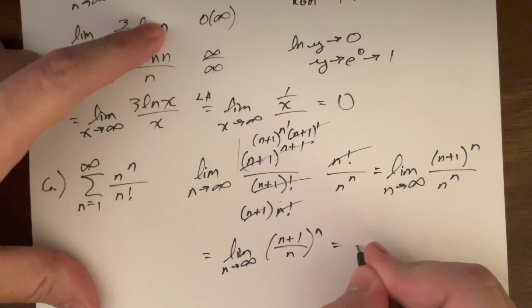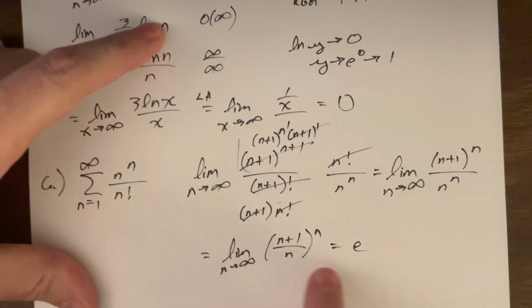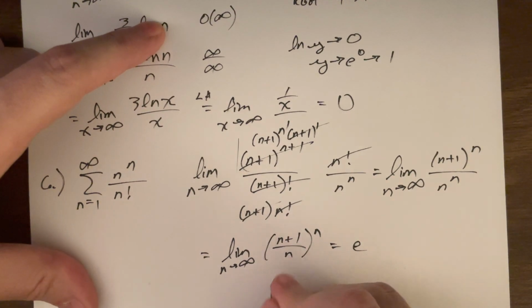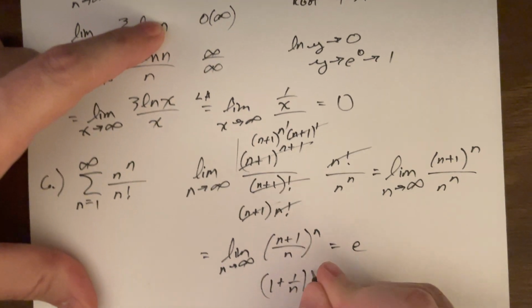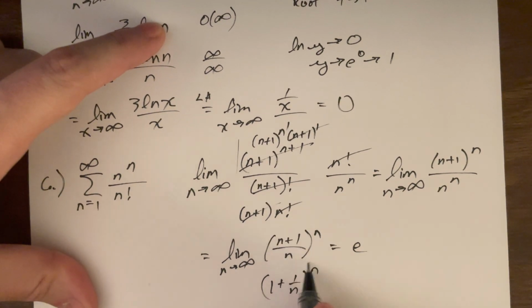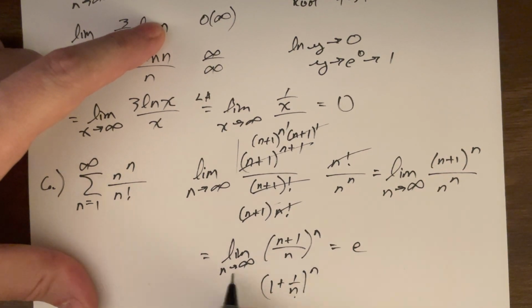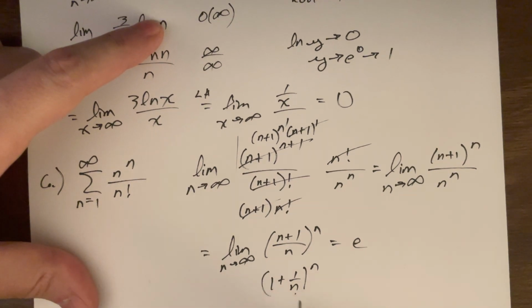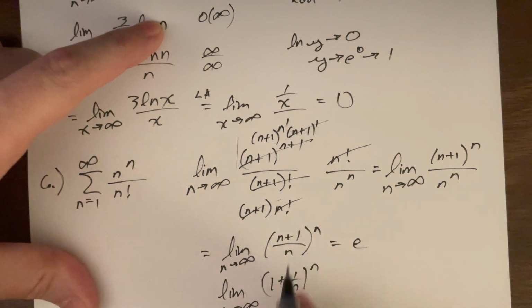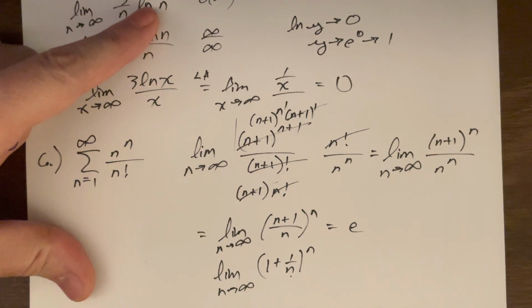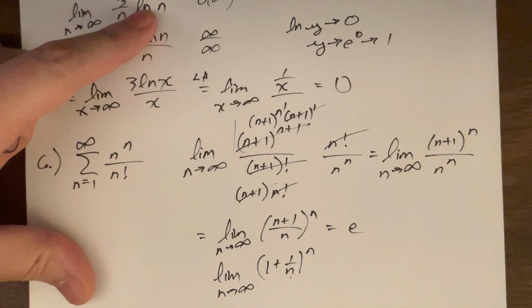This is e. That limit, if you break it down a little bit more, separate that n over n plus 1 over n, all to the n power, as n goes to infinity. That was our original definition of e, and we pointed out a little algebraic equivalent at an earlier point.